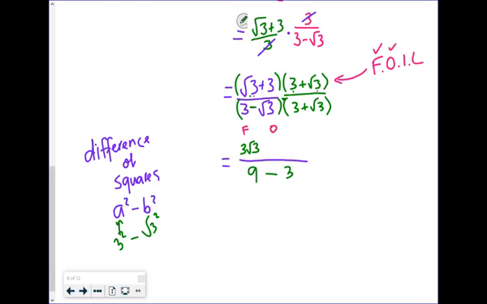So that square root of 3 times the square root of 3 is 3. Then we have to do the inner. That's 3 times 3, which gives us 9. That was the inner. And then we do the last. 3 times the square root of 3.